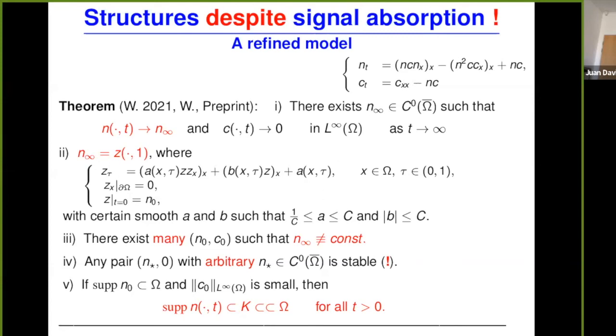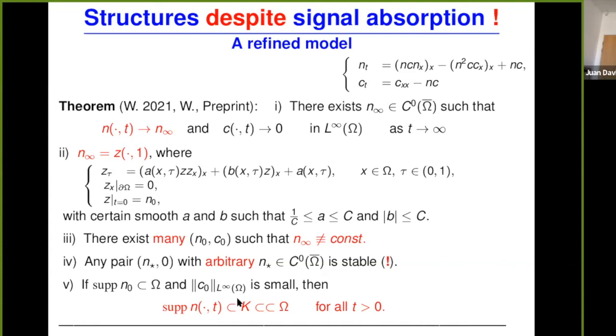But this is not the case here. If you take any compactly supported initial function, just think of the snowflake situation. You have this initially compactly supported bacterial population, and then you have a small signal.